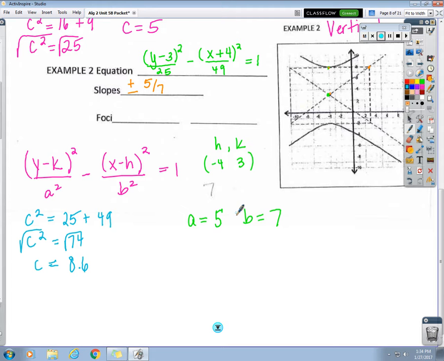Okay, but this time when you're plotting the foci, you're going up and down because we're dealing with a vertical hyperbola, and remember we want these parabolas to eat the foci point. So up 8.6 from here would be 1, 2, 3, 4, 5, 6, 7, 8. It's off the graph, so just kind of estimate.